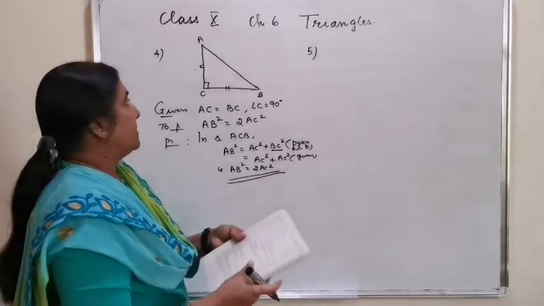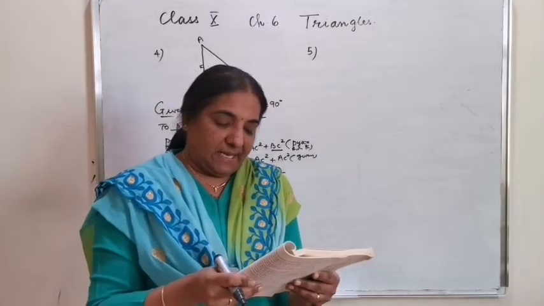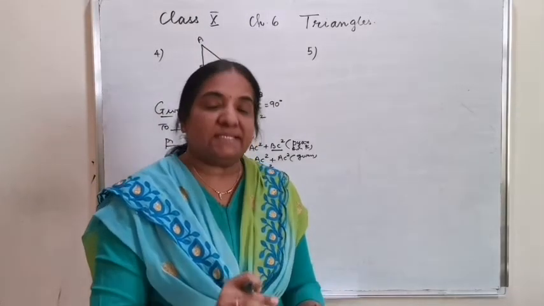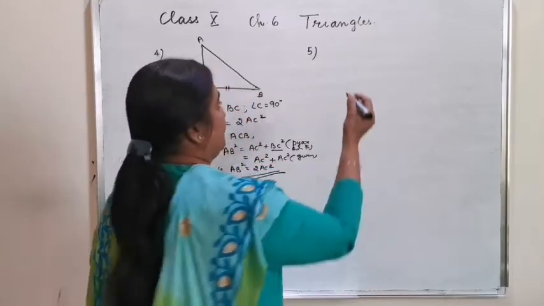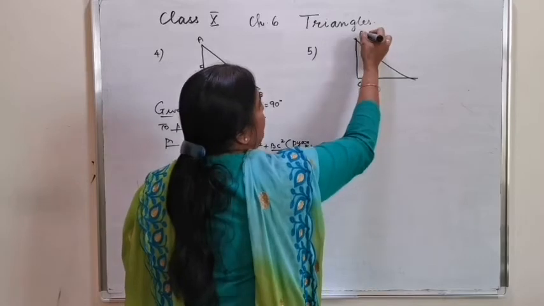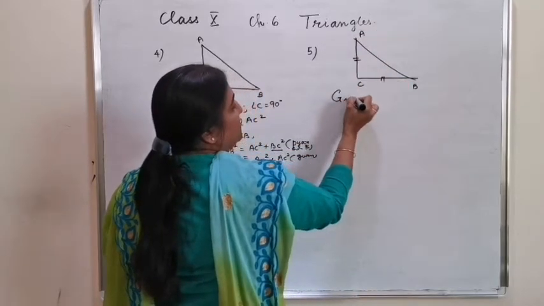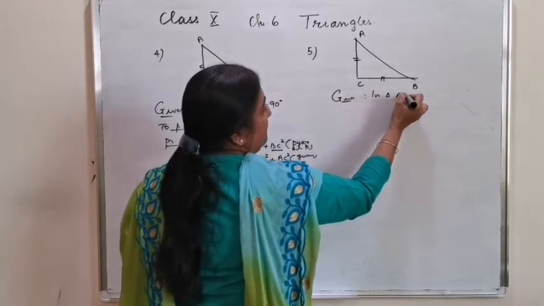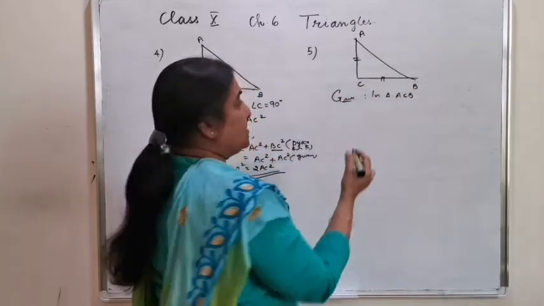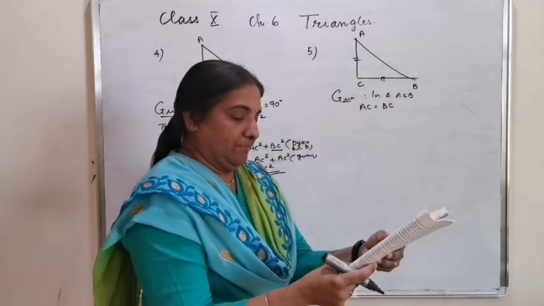And question number 5 you can see as: ABC is an isosceles triangle with AC and BC equal. So the given condition is AC and BC are equal. In triangle ACB, the given condition is AC and BC are equal.